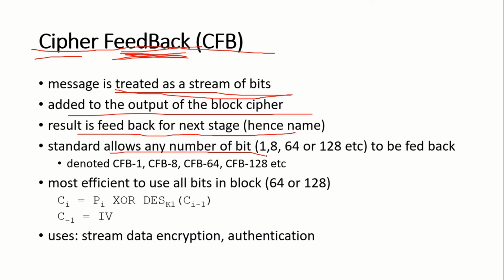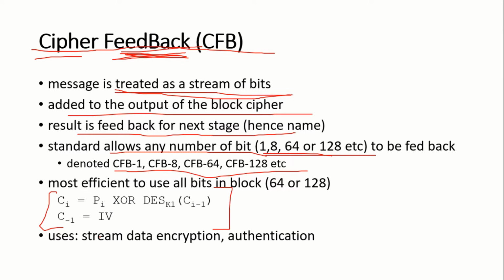The standard allows any number of bits. We can choose how many bits are to be fed back, and depending on the number of bits you choose, we have these standards for it: CFB 1, 8, 64, 128, etc. So in this we use these rules for encrypting or decrypting the message.